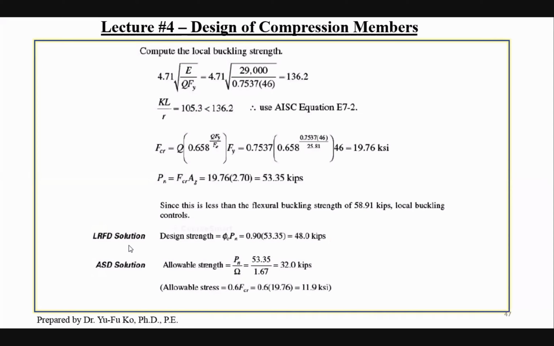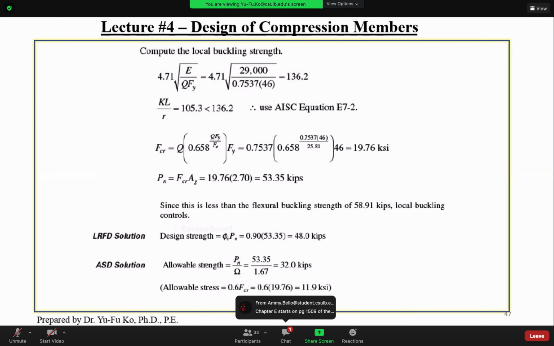For LRFD, the design strength is phi times Pn, 0.9 times Pn, is 48 kips. If you use ASD, its nominal strength 53.35 divided by factor of safety 1.67 is 32 kips.